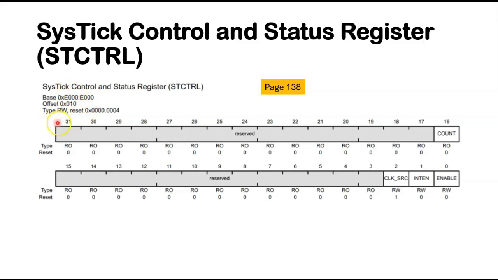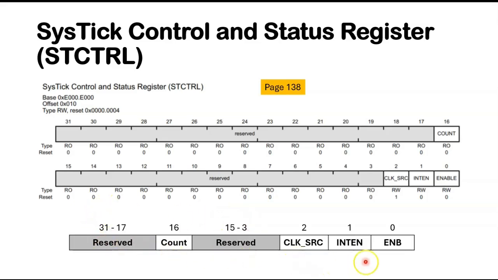Notice this STCTRL register is a 32-bit register, and we are interested only in a few bits here. I will summarize this diagram with this here. So the bits that are of interest to us are bit 0, bit 1, bit 2, and bit 16. Now, I will talk more about this soon.